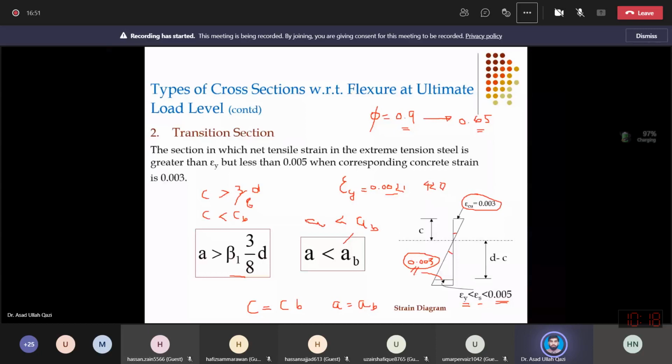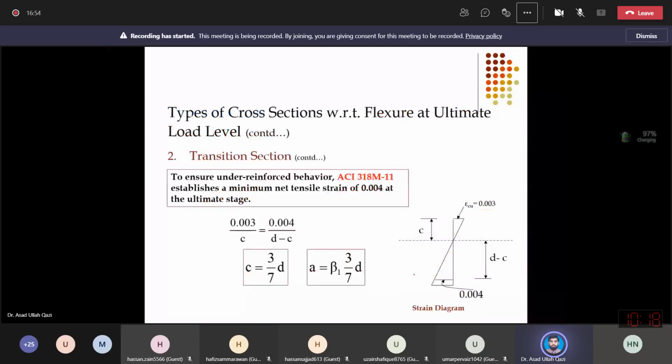In addition to this unique strain diagram, there is one other strain magnitude in the cross section which was considered important in 2011 or previous publications of ACI. This was one additional section which has the strain in the steel at 0.004 corresponding to crushing in the concrete.